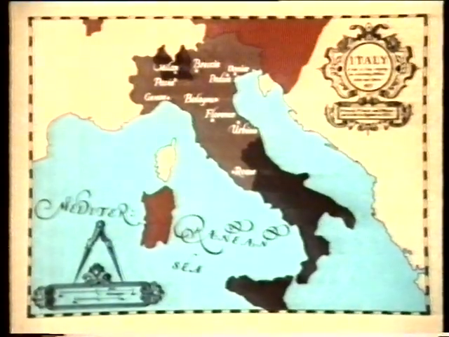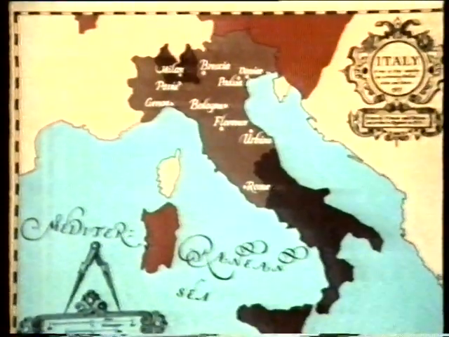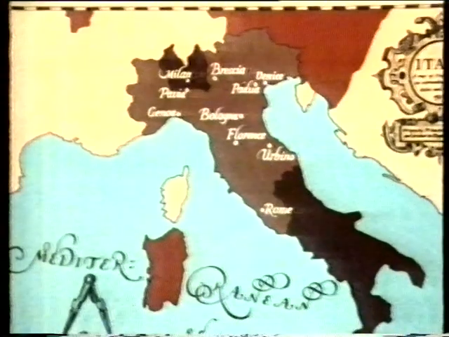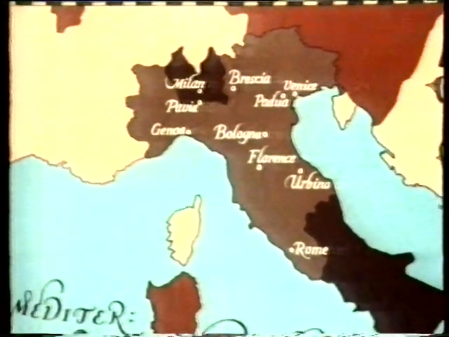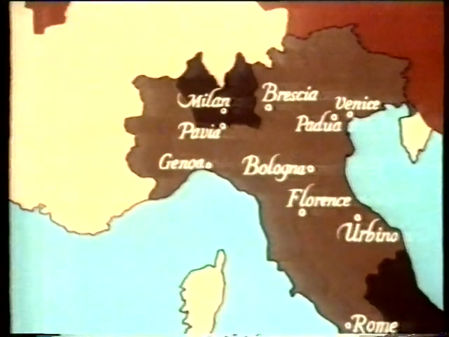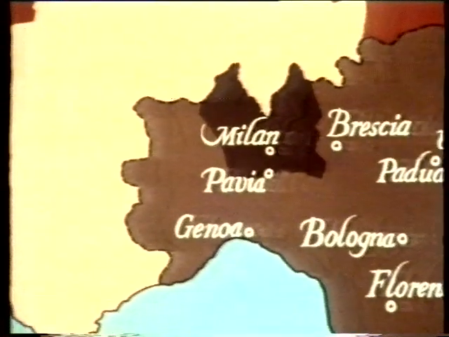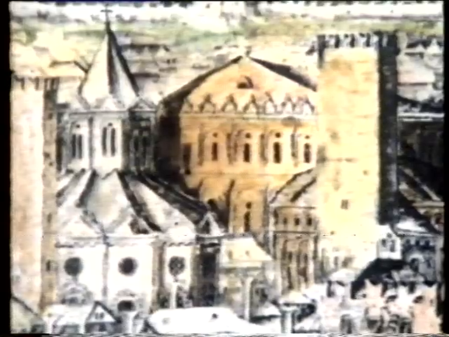There was a decisive battle between Charles V and the French at Pavia in 1525. With the help of Spanish and German mercenaries, the French were routed by the armies of Charles, and Francis I, the King of France, was taken prisoner.